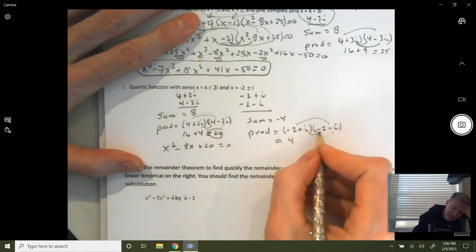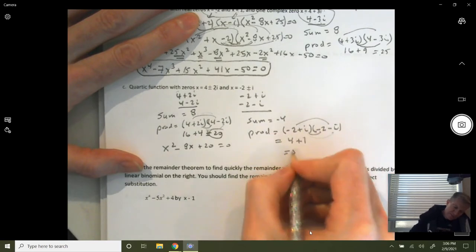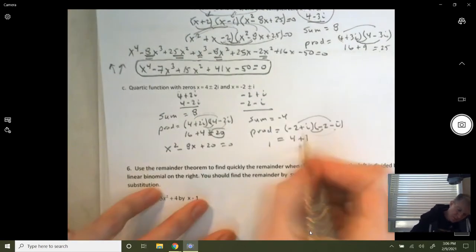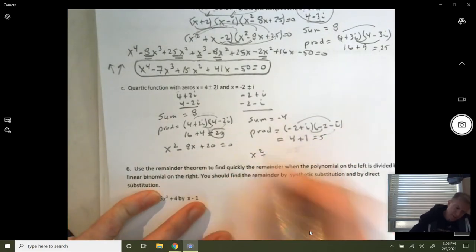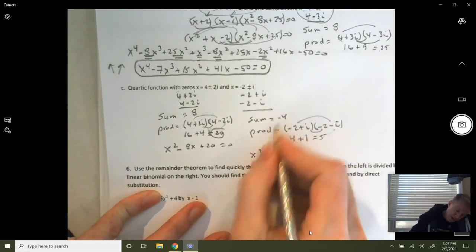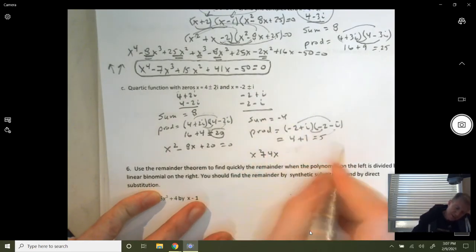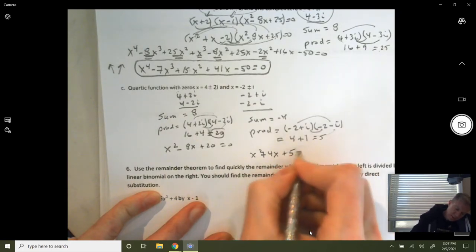We get minus i squared, so plus 1. We get a 5. So we've got x squared minus the sum of the roots, so minus -4, so plus 4x plus the product.